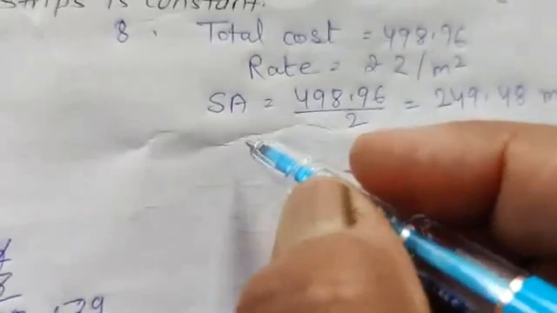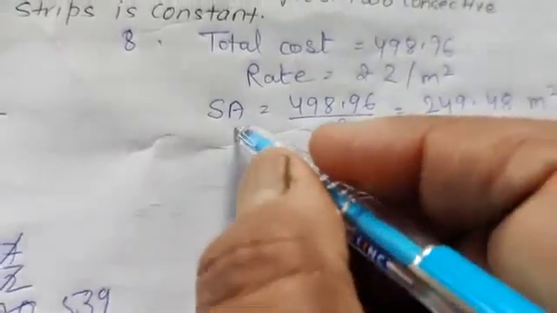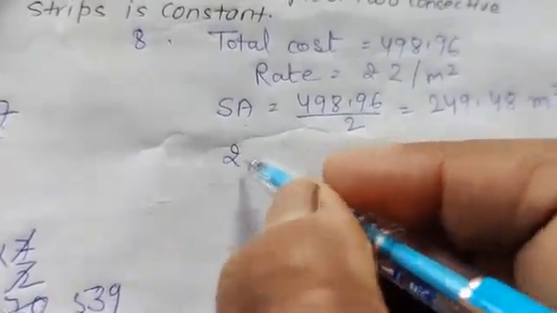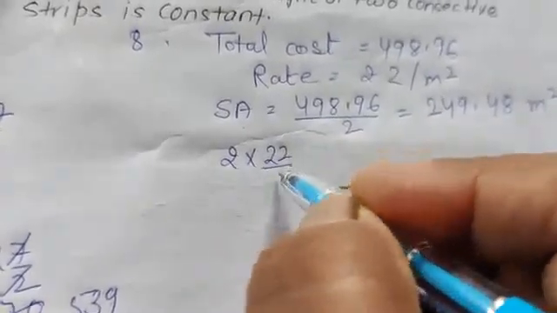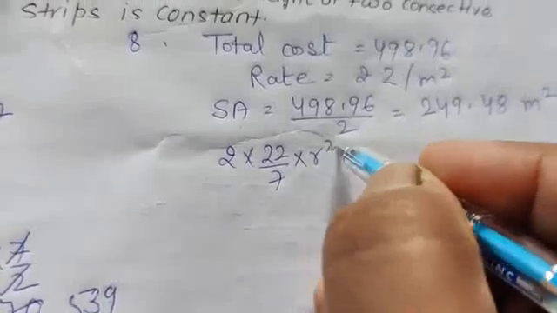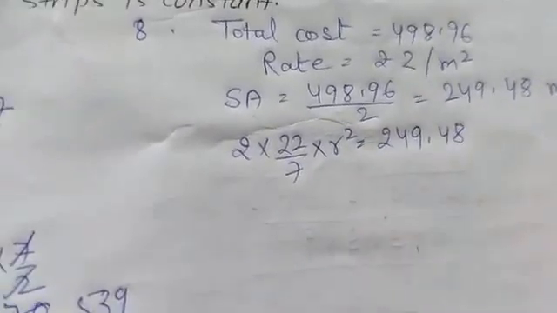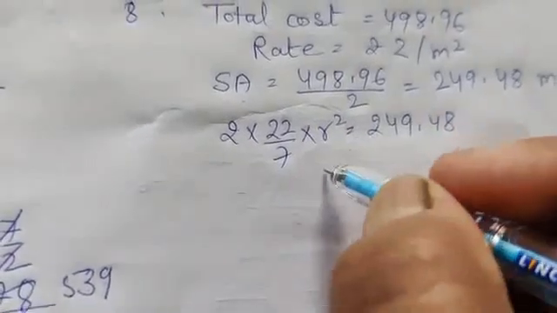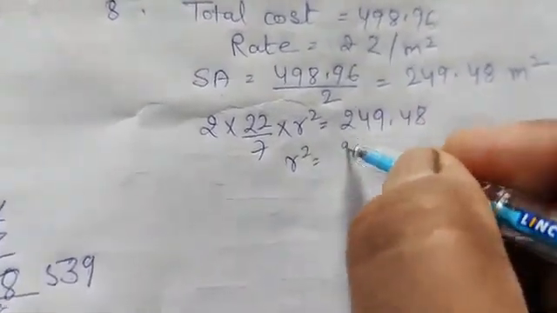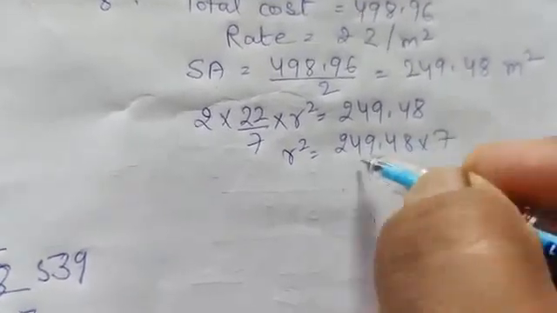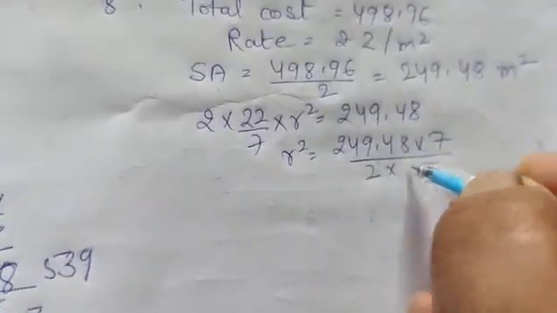Now using the surface area of the hemisphere, inside, 2 pi r square equal to 249.48. This is the surface area. Radius is 249.48 into 7 by 2 into 22.